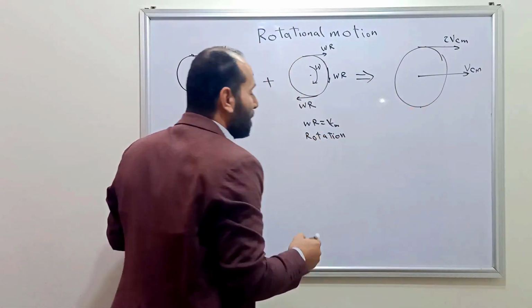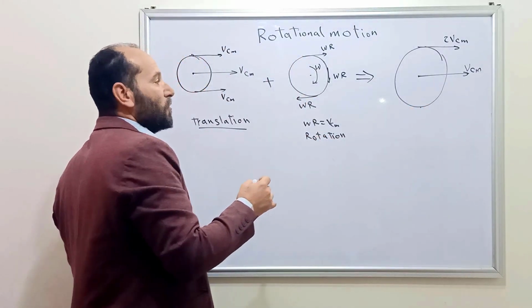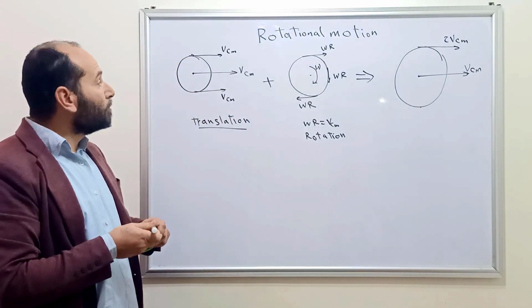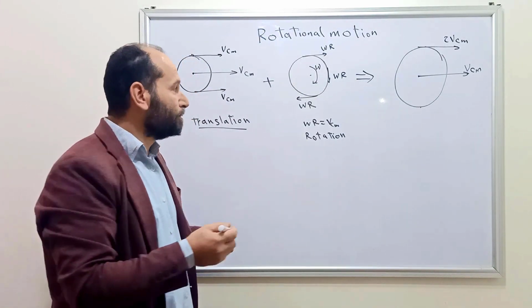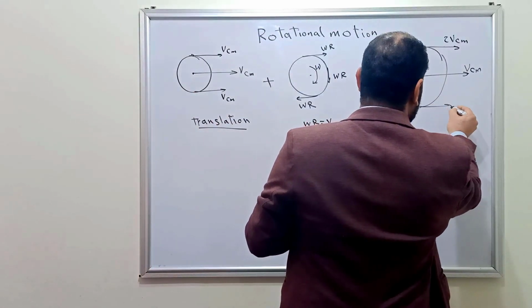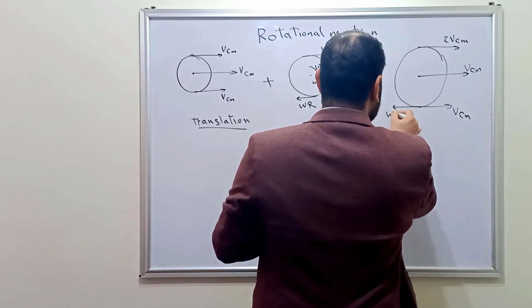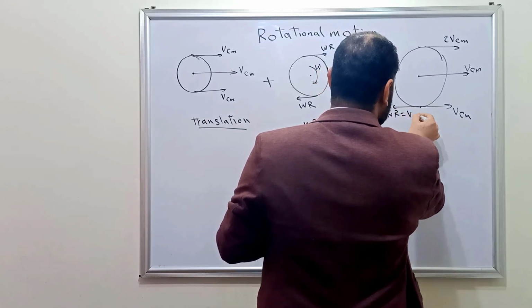Here this point has two velocities with the same magnitude and opposite direction. One of them equals VCM and the other equals omega r, which equals VCM.